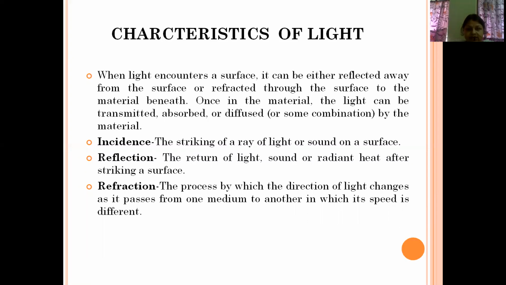Next, another characteristic of light is reflection. That is the return of light, sound or radiant heat after striking a surface. Next, refraction. The process by which the direction of light changes as it passes from one medium to another, in which its speed is different.